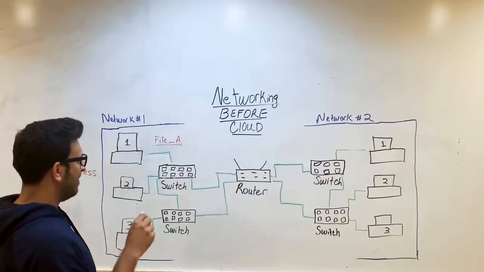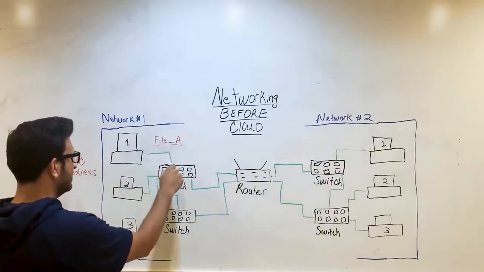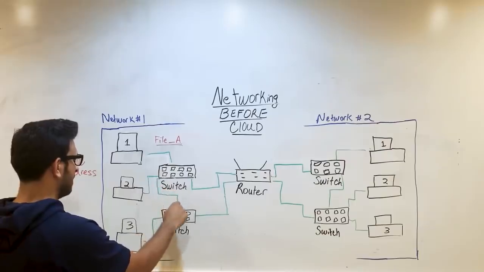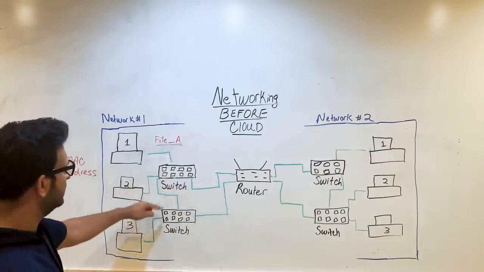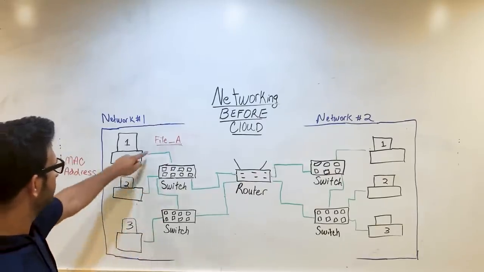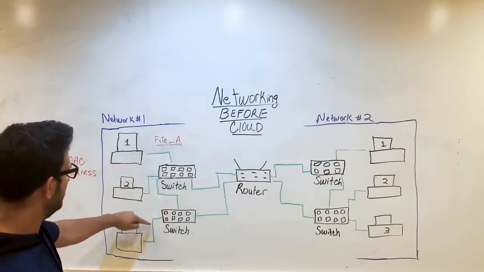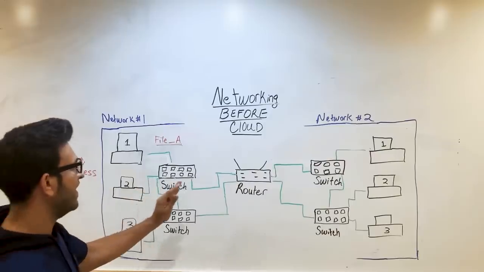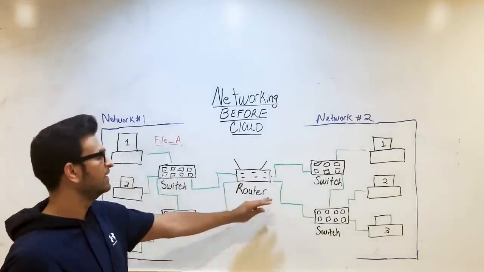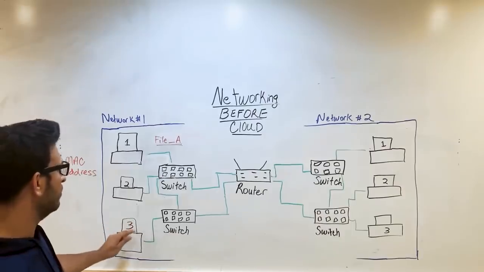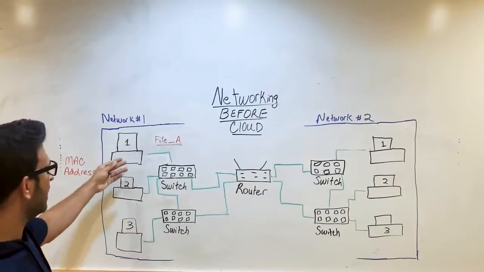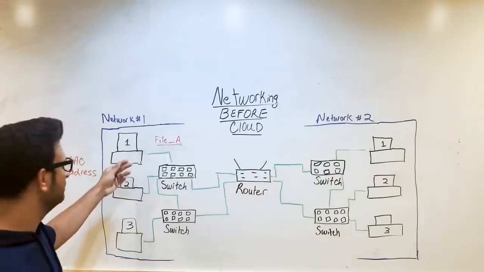In order for that to happen, you can see that there's a connection to the switch here, right? It goes through 2 of these switches in order to get to computer 3. And it doesn't have to cross over the internet because this computer is on the local network in which it is receiving the file from computer 1.